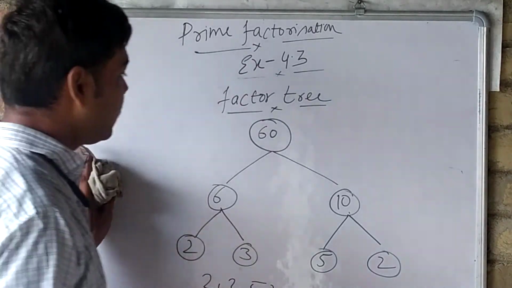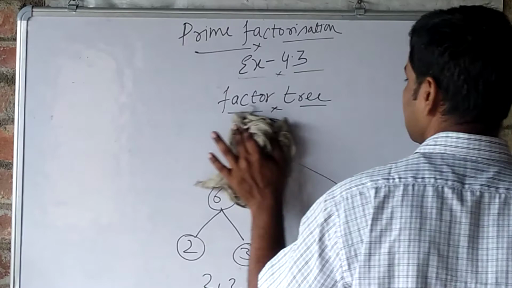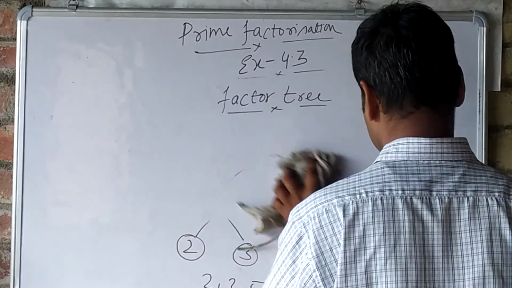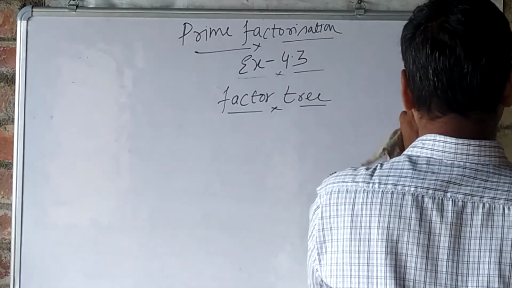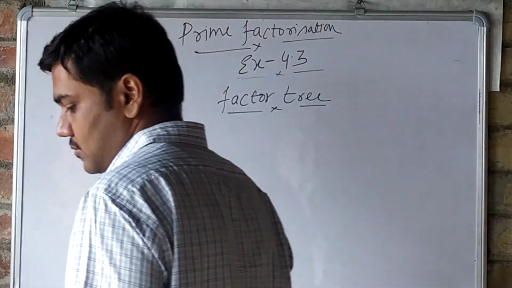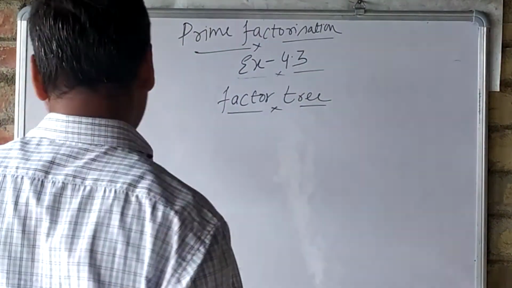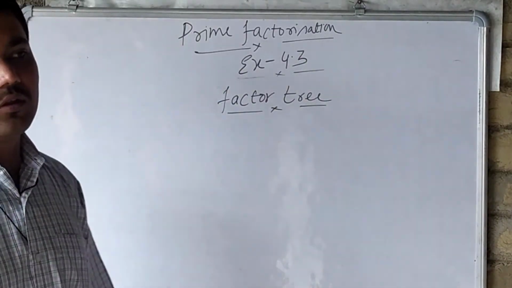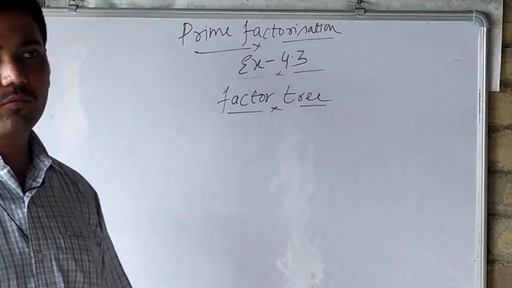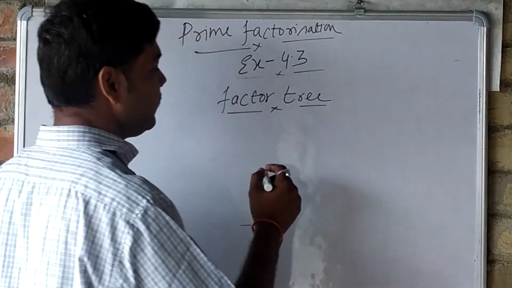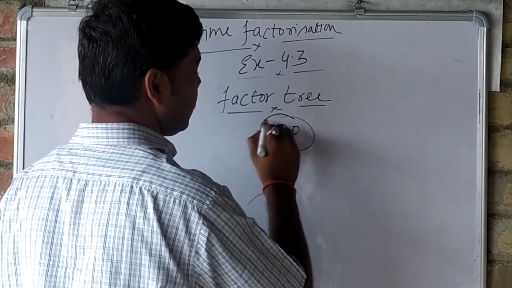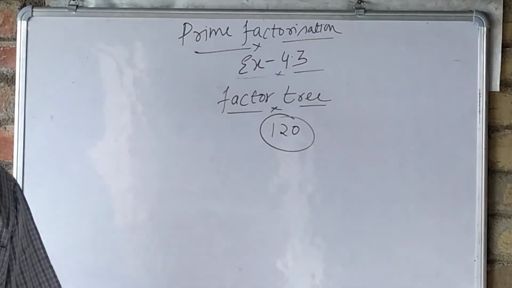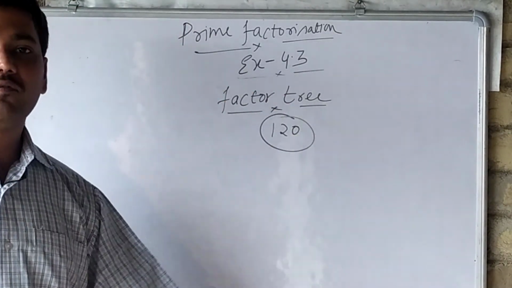We can take one more example. Now let us take one more value, 120, and we have to solve it by factor tree.